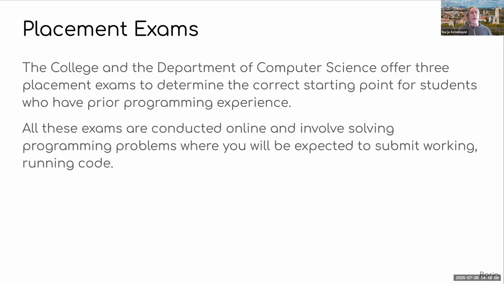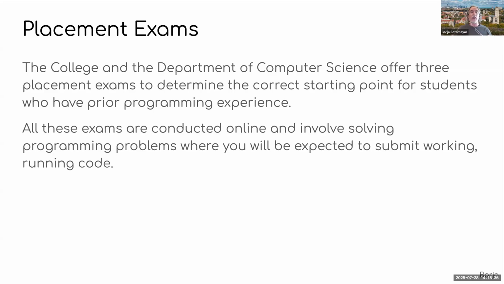But basically, we've just talked about the intro sequence and the 4 classes it comprises. To determine what class you should start in, the Department of Computer Science and the college offer 3 placement exams that are taken in sequence, and I'll explain that sequence in a second, to figure out where you should start if you have prior programming experience. This is not an exam that every incoming student in the college has to take.